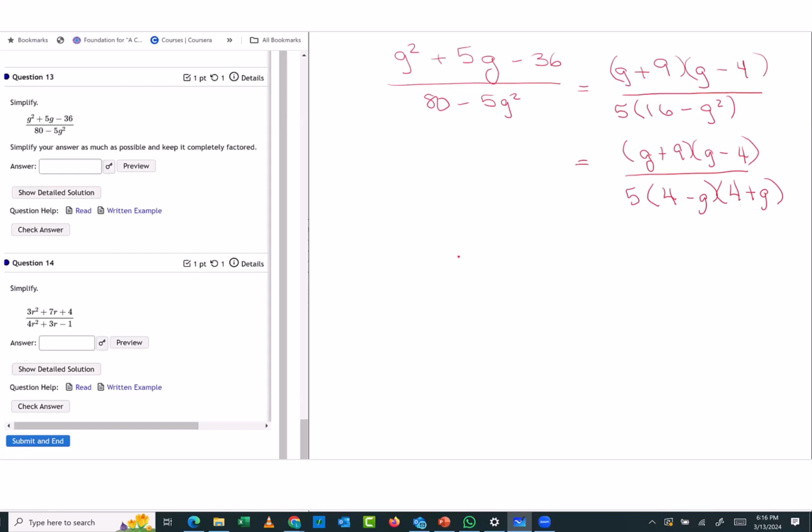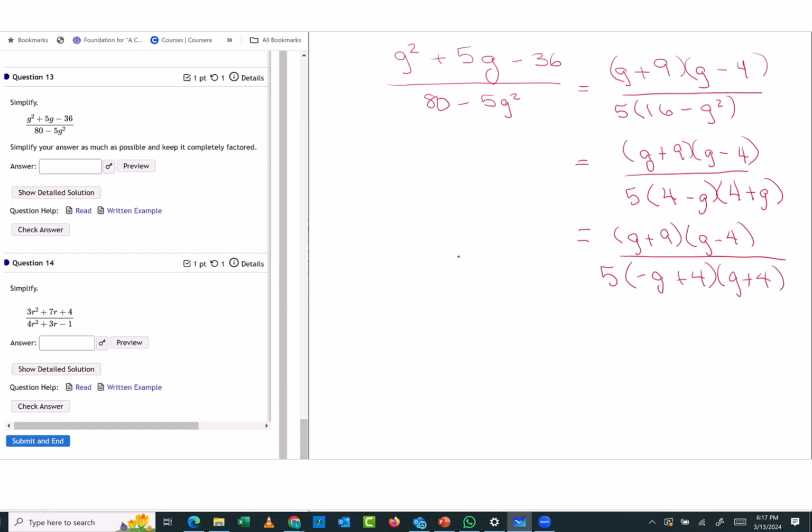I can, but first I have to do something. This is g plus 9. This is g minus 4. I have 5 here. But now, notice my 4 and my g are reversed. I'm going to make this negative g plus 4 and g plus 4.